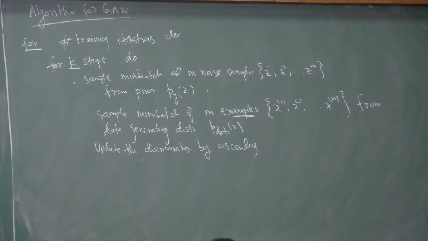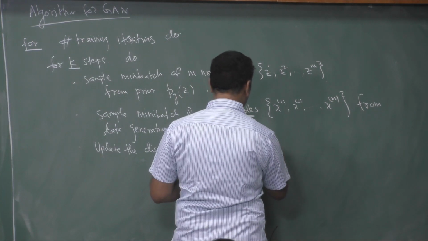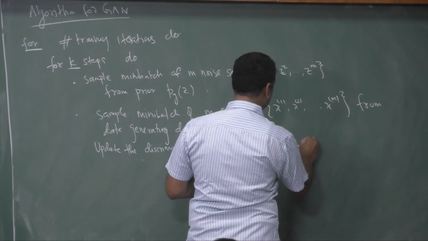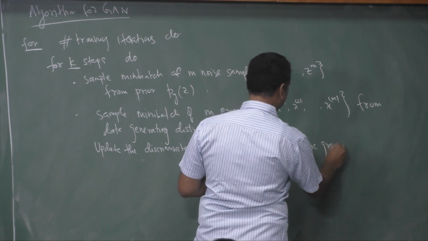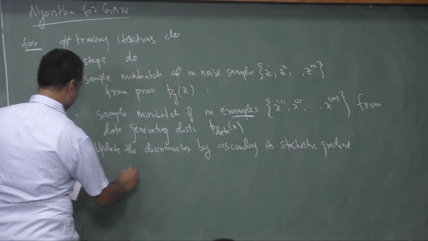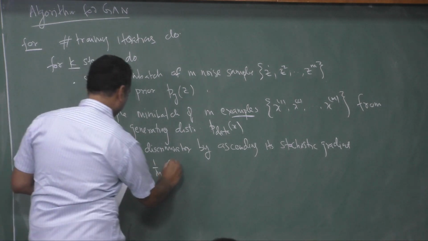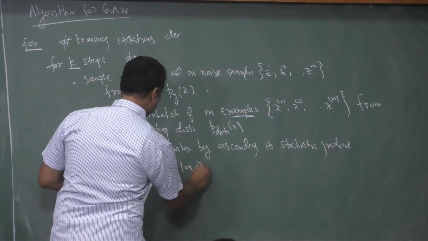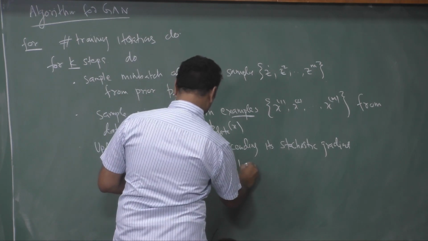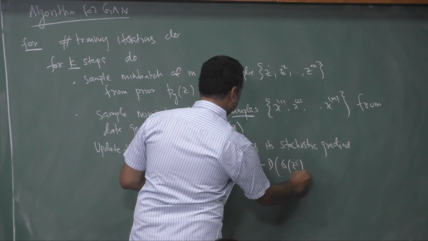So update the discriminator by ascending its stochastic gradient, and its stochastic gradient is given by grad phi of 1 by m sum of log of D of xi plus log of 1 minus D of G of zi.